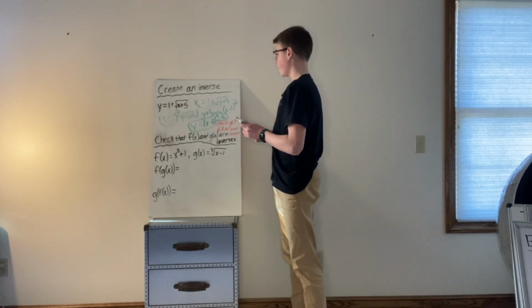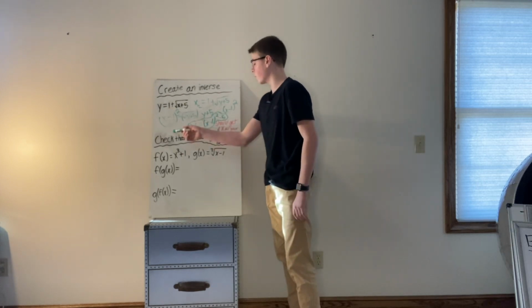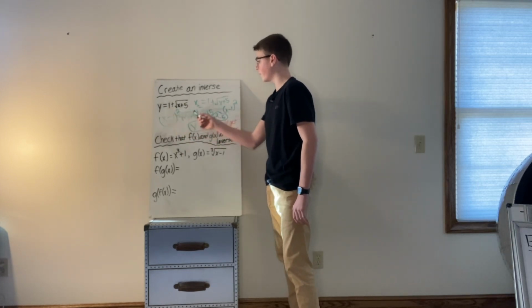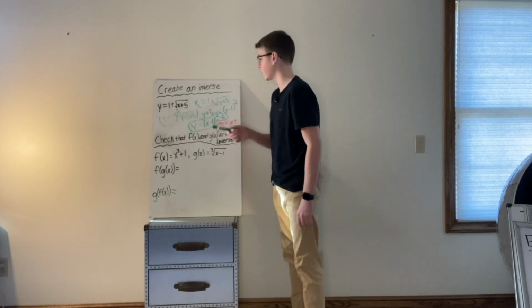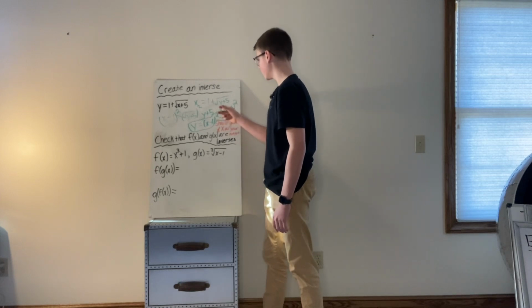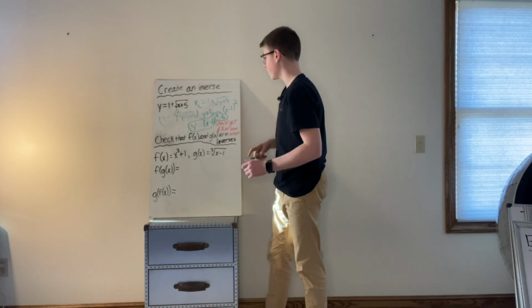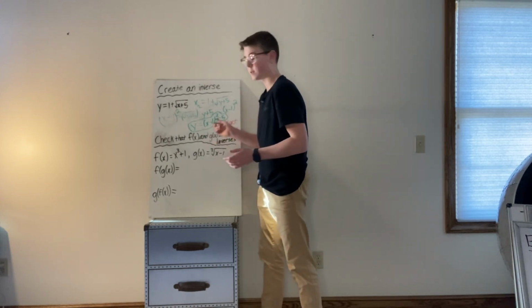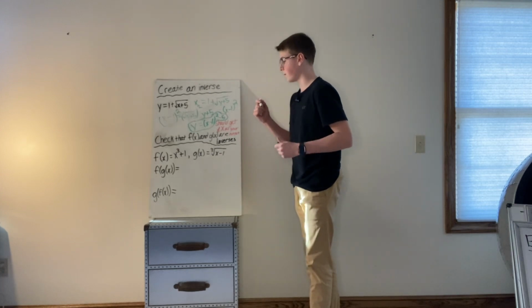So if you see, I switched the x and y, I moved the 1 over, then I squared both sides to get rid of this root here, because I want to isolate y and get it in y equals form. Then it's y plus 5 equals x minus 1 squared, and then I move the 5 over by subtracting 5 from both sides, and y equals x minus 1 squared minus 5.